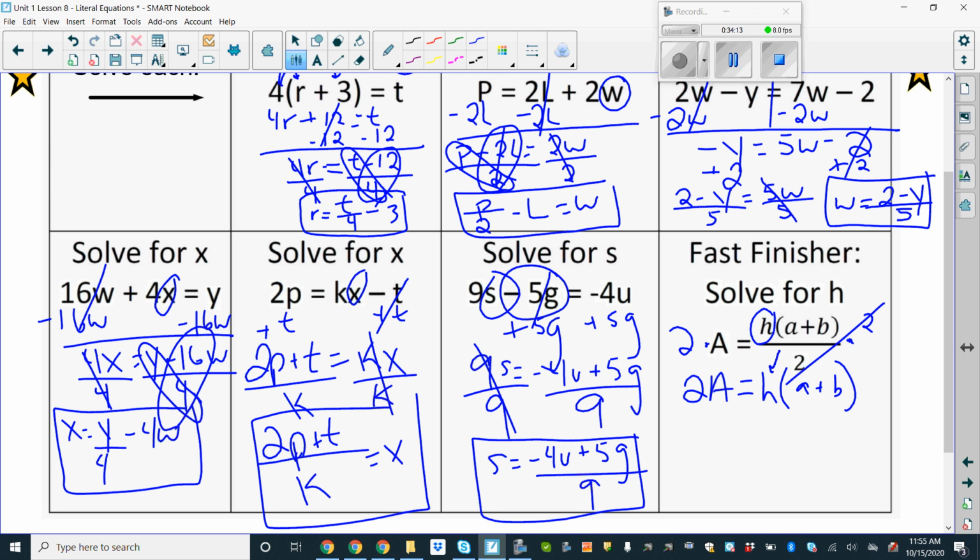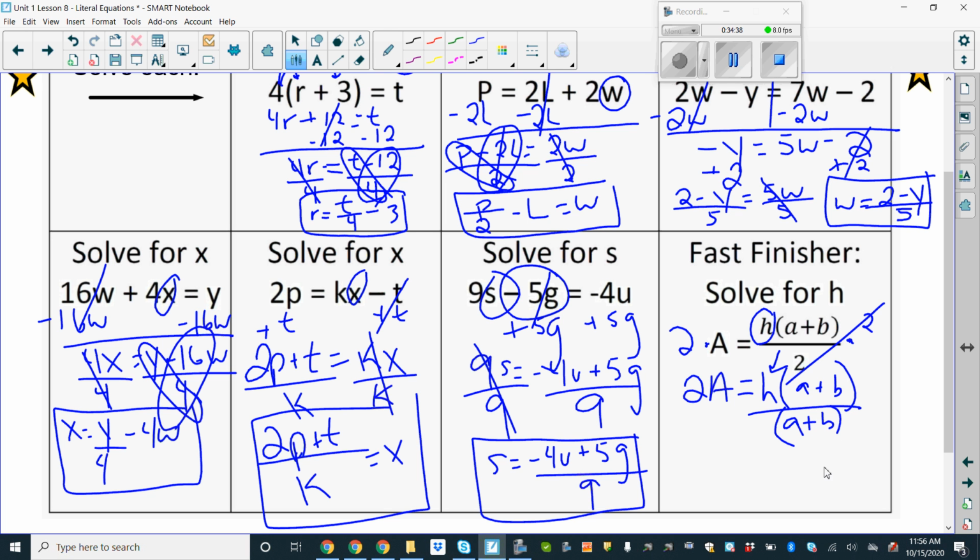We want to just solve for h. So a plus b, when it's in parentheses, it's a whole term. It's stuck together. So you want to move this whole term by using division, because a plus b, the whole thing is attached to h by multiplication. And the opposite of multiplication is division. And a plus b stays together.